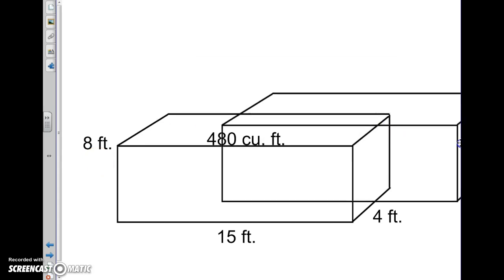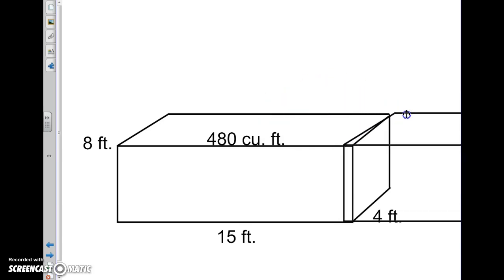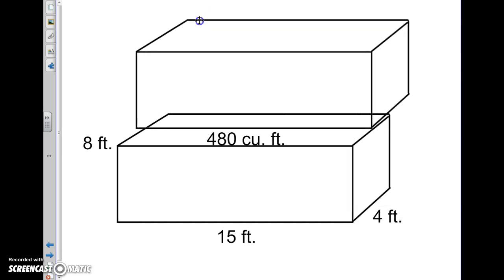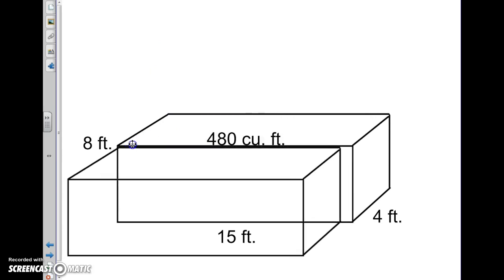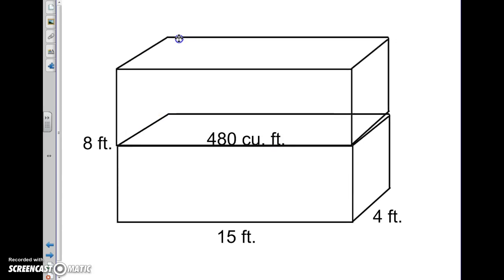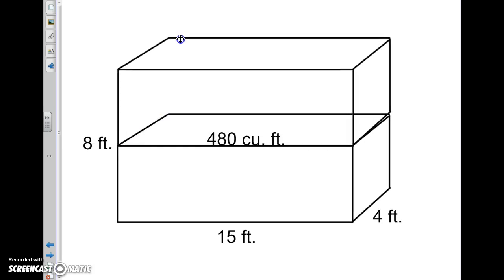If I put this side by side, then it wouldn't have gotten any taller, and it wouldn't have gotten any wider, but it would have gotten twice as long, right? Just one of the dimensions changed. It doesn't matter really which of the dimensions changes. It's just that one of the dimensions is going to double when we're doubling the volume.